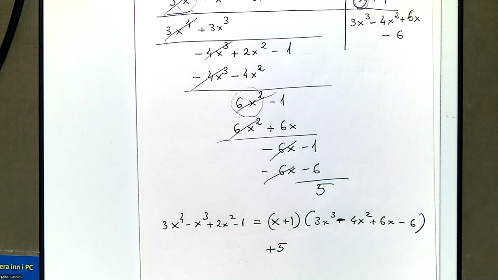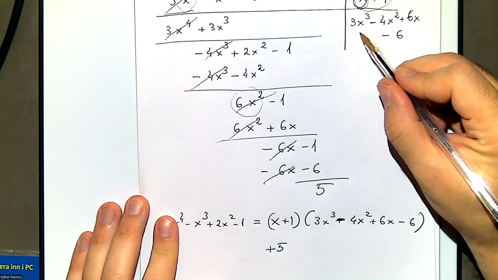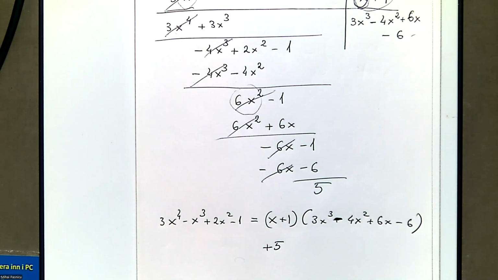All right. And now, I basically just multiplied this with this, and I'm going to get 5 at the end.